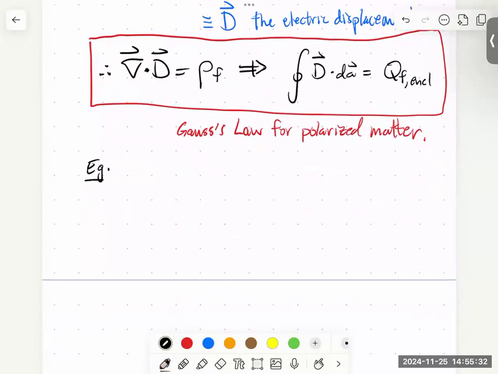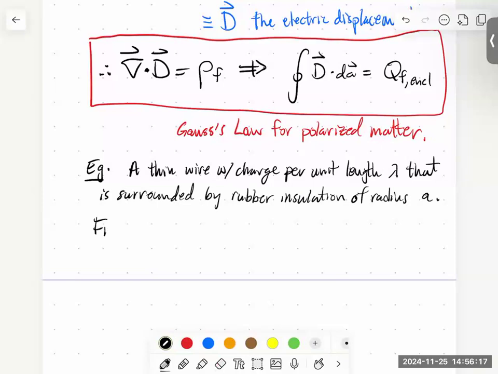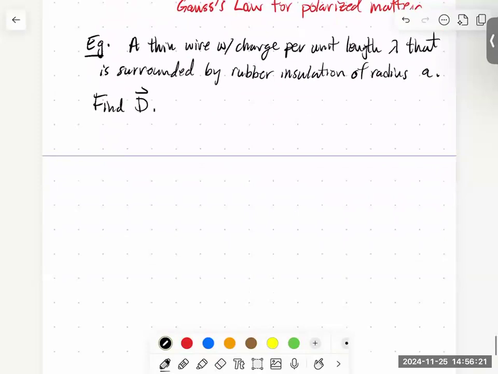We're going to have a thin, long wire that has some charge per unit length lambda, surrounded by, let's say, rubber insulation of radius A. And so the question is to find D, this electric displacement.